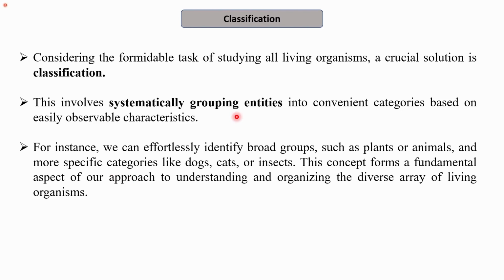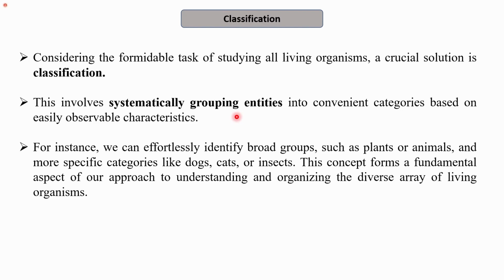This characteristic will be common to all microbes. Similarly, plants are organisms that do not have the ability to move from one place to another, while animals have the tendency to move from one place to another. So certain characteristics can be assigned to certain groups, and that can be the basis for the classification.